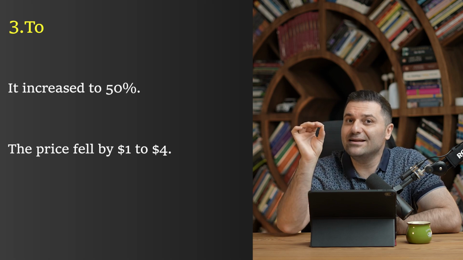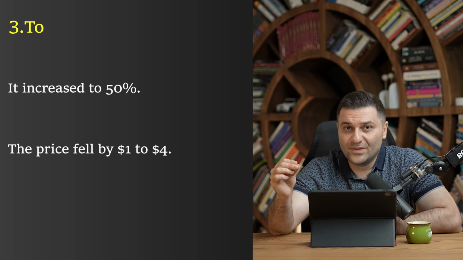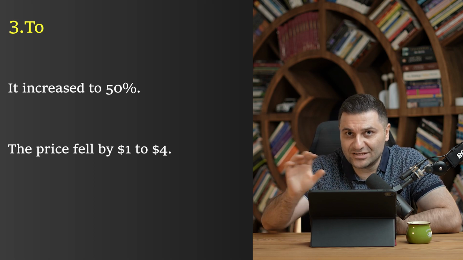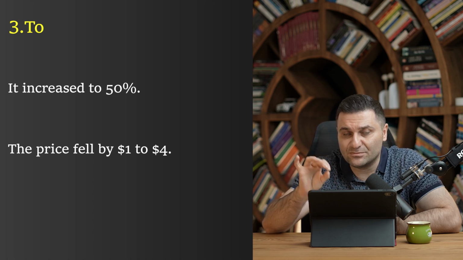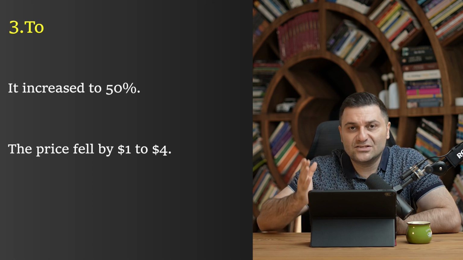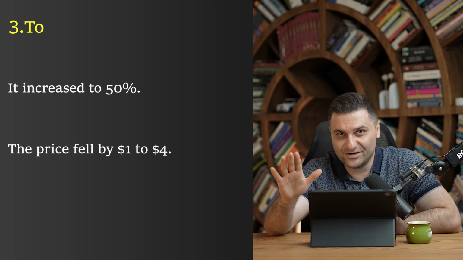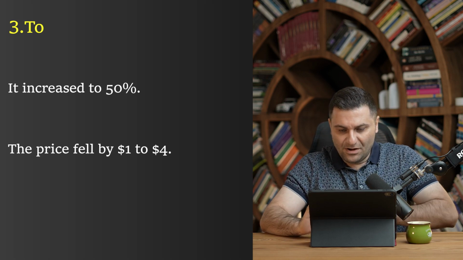It means that it was $5, it fell by $1 and it reached $4. So we simply write to. I repeat it again: the price fell by $1 to $4. Very, very easy. These are very useful prepositions we need to know in order to write a coherent report about the data.